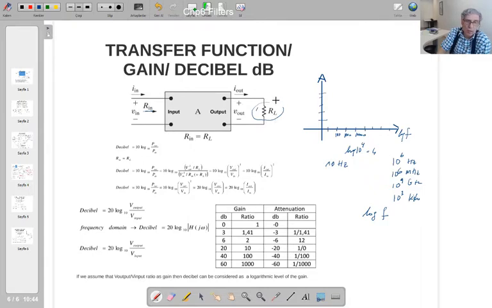Why is that? Because if these are equal, that means there is no power loss within the circuits. So it is directly related to the efficiency of your circuit. That's why it is critical. So decibel here is defined on the output power over the input power. So the power here means useful power, and the power here is your signal power before you apply the signal to your circuit.